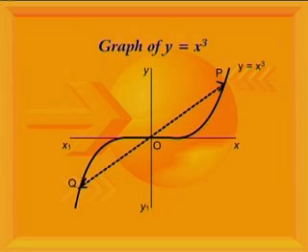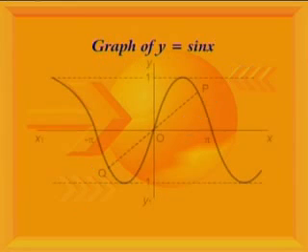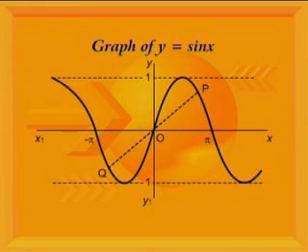On screen you have the graph of y is equal to x cube, and you can see this graph is symmetrical about the origin. Also you can see the graph of y is equal to sine x on the screen, and again you can see that the graph is symmetrical about the origin.